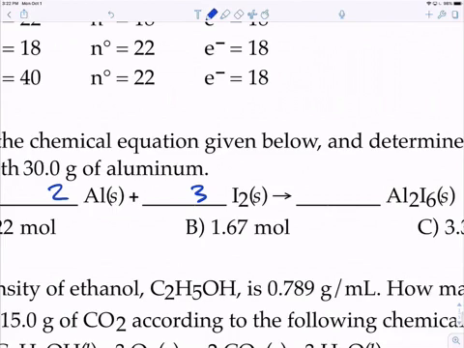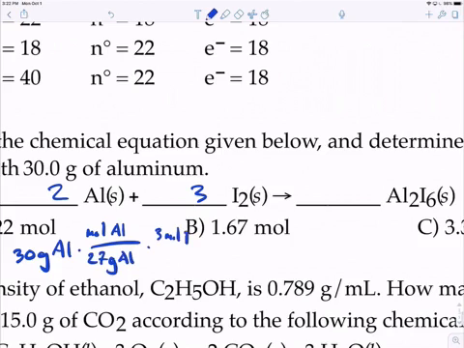So, 30 grams aluminum times mole aluminum to 27 grams aluminum times 3 moles iodine to 2 moles aluminum.